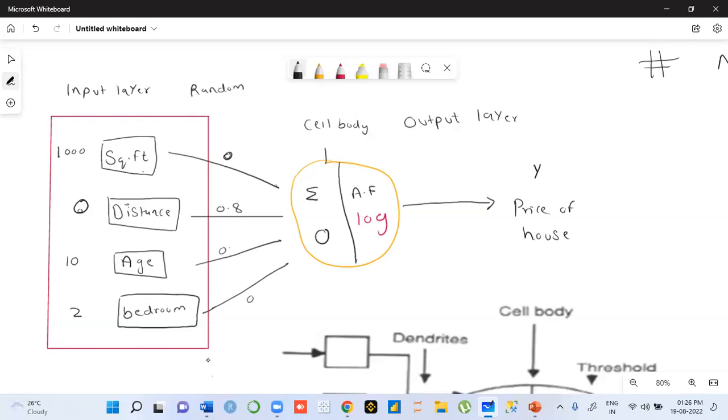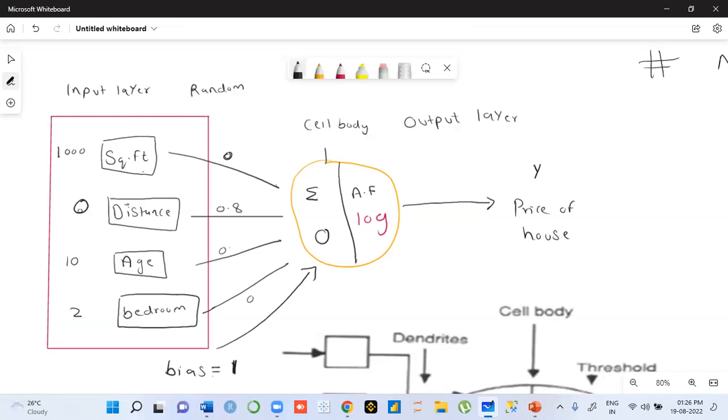Okay. So what we do to avoid 0, to control 0, we add a new point called bias. Bias value always has to be 1. Such a way that we should not get 0. 1000 into 0 is 0, into 0.8, 10 into 0, 2 into 0, 0.